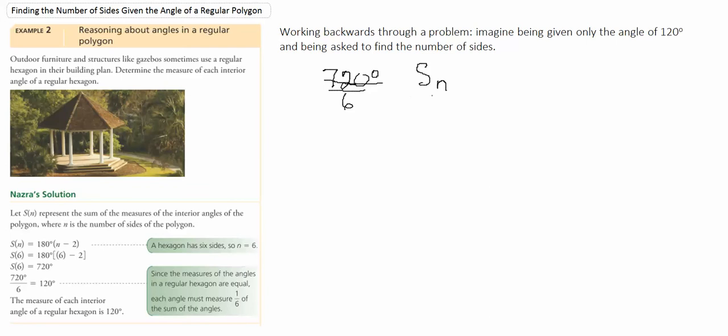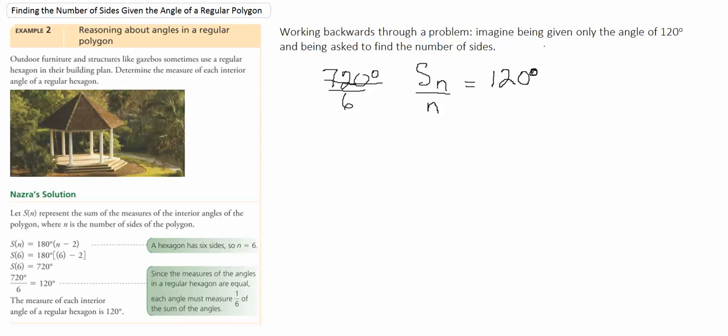Well, again, we don't know what 6 is, so we don't put in 6 because that's what we don't have. We put in n. We don't know what that is, but we do know that it equals 120 degrees.